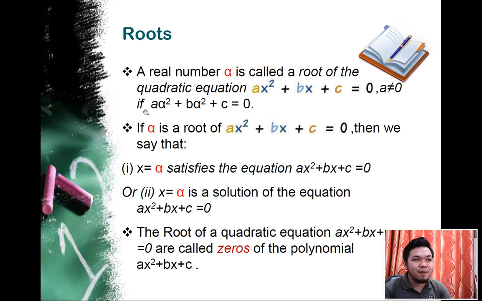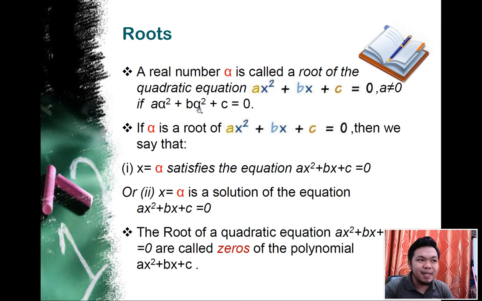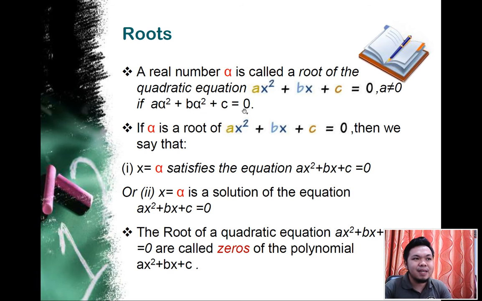If the real number is a root, then a times that value squared, plus b times that value, plus c is equal to 0. We can say that the real number satisfies the equation ax squared plus bx plus c is equal to 0.